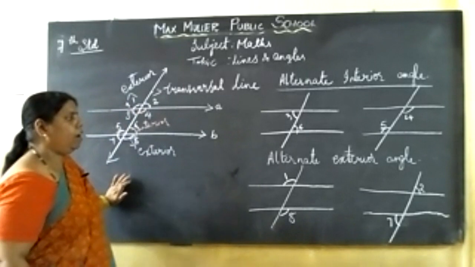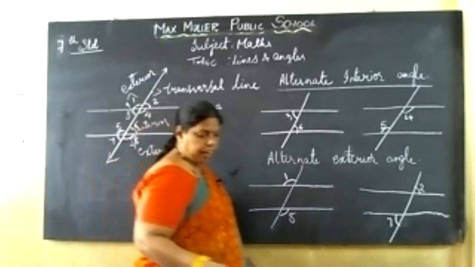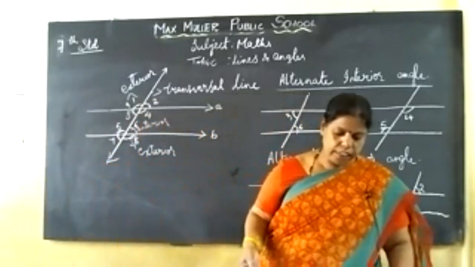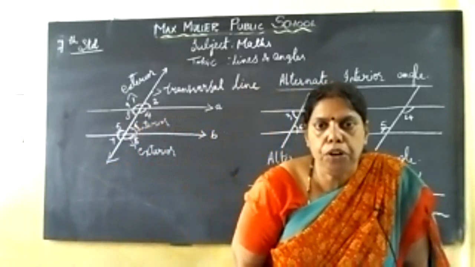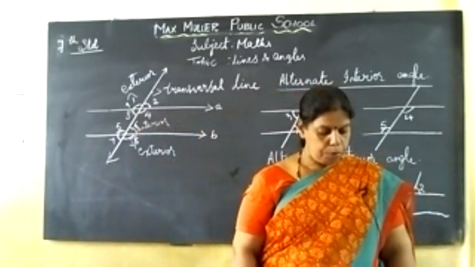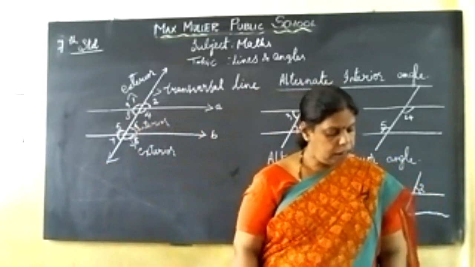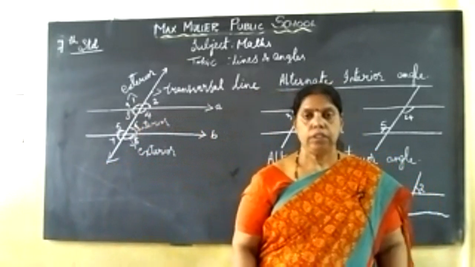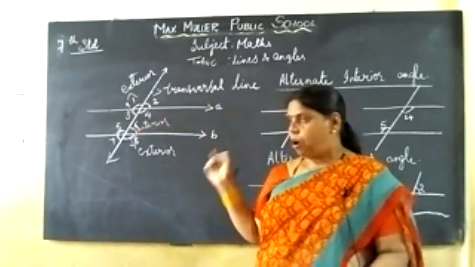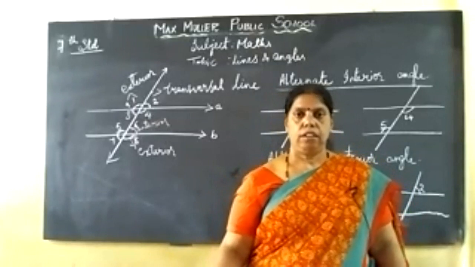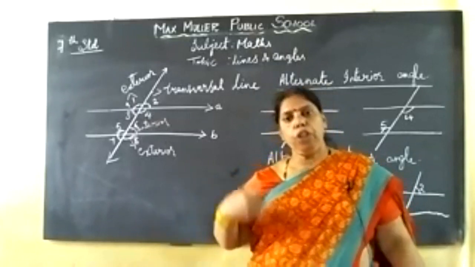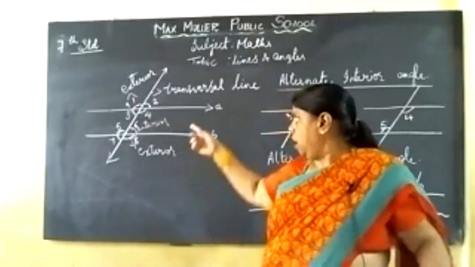So I'll stop here. If you do it again and again, you'll get confused. In the next class, I will do the 5.2 exercise, and I'll complete your portions in this. Okay? Read properly and get ready for the other set. You do your own angles.